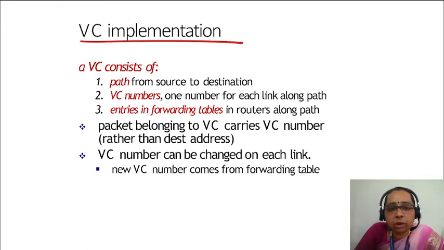The entries are in the forwarding tables in routers along the path, and the forwarding table contains the information of the source number and destination number, and the labeling of packets. A packet belonging to a virtual circuit carries a virtual circuit number rather than a destination address. The virtual circuit number can be changed on each link, that is, a new virtual circuit number comes from the forwarding table. We can fetch the information from the virtual circuit.